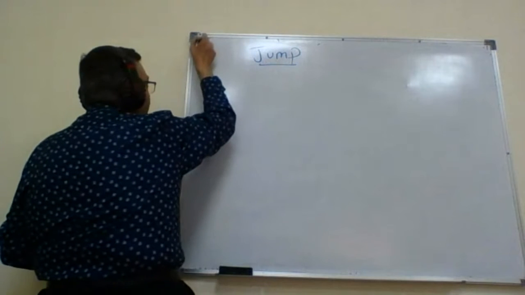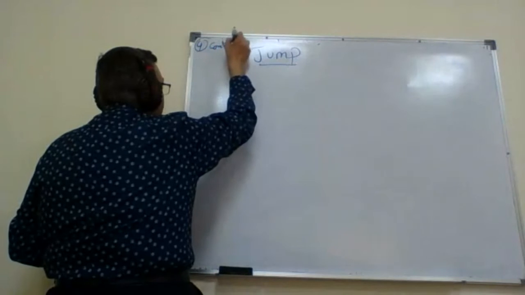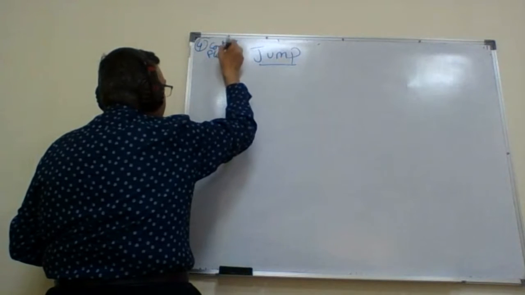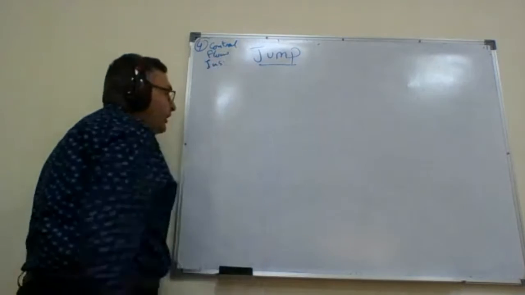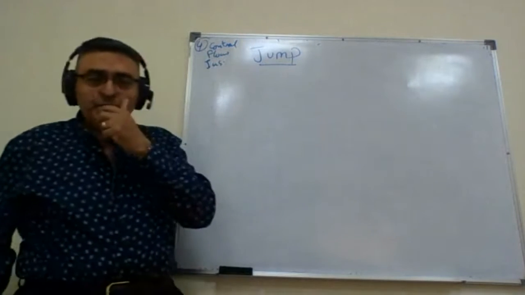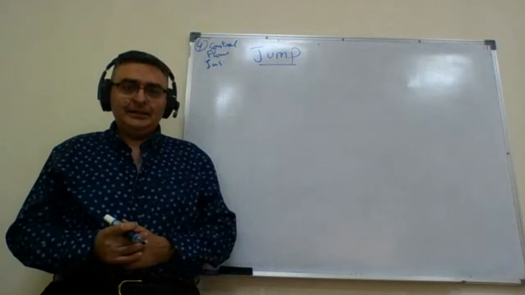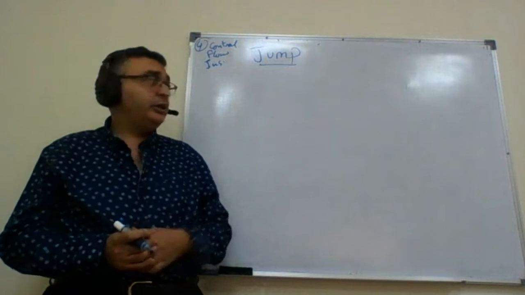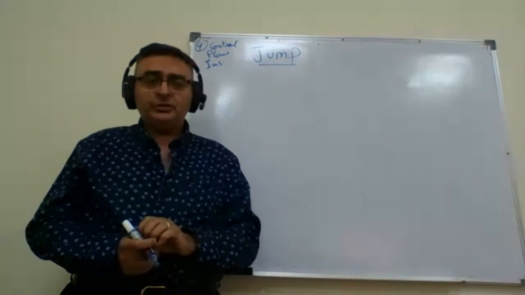So we are in chapter 4, control flow instructions. The most important, the dominant or basic instruction in this category is the jump instruction. Okay, what is the jump instruction?